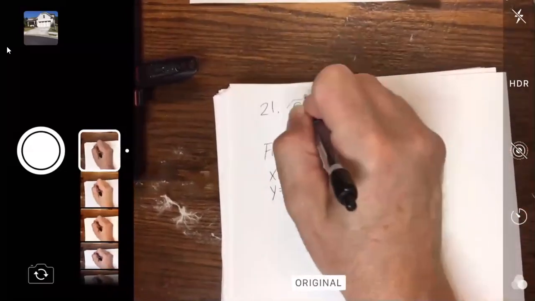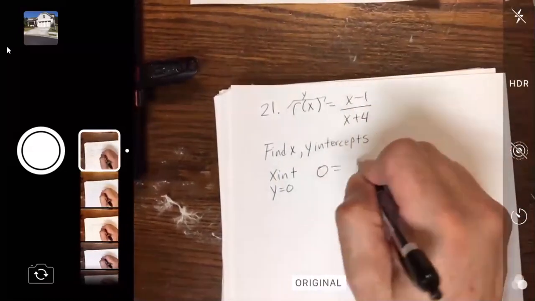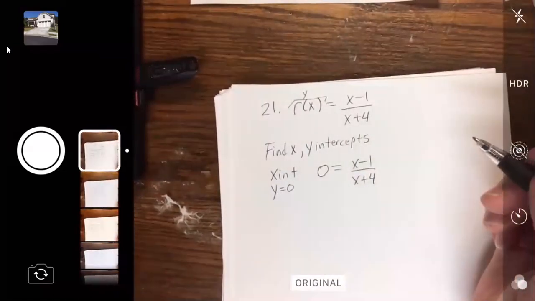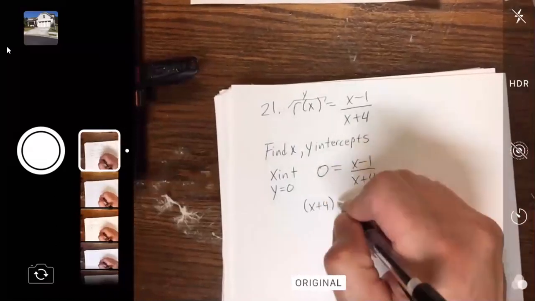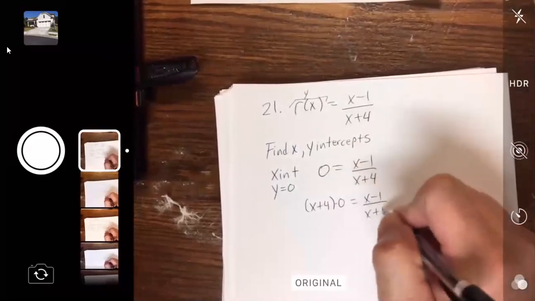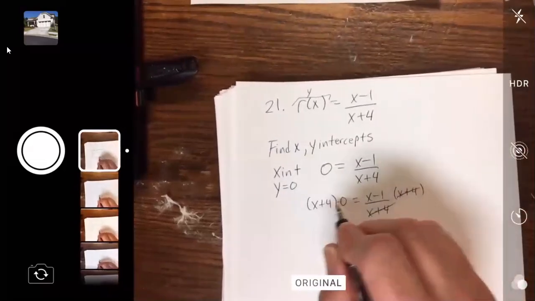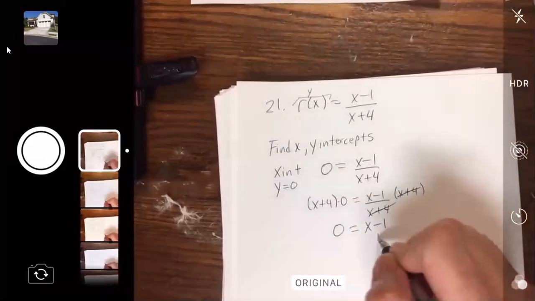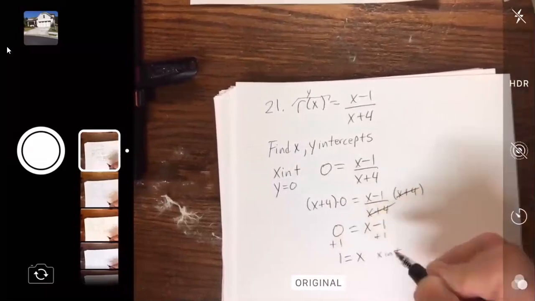So you're sticking in 0 equals x minus 1 over x plus 4. You can multiply both sides by x plus 4. 0 times that is 0, and x minus 1 over x plus 4 times x plus 4 kills the denominator. Then you add 1, and 1 equals x. This is your x-intercept: x equals 1.